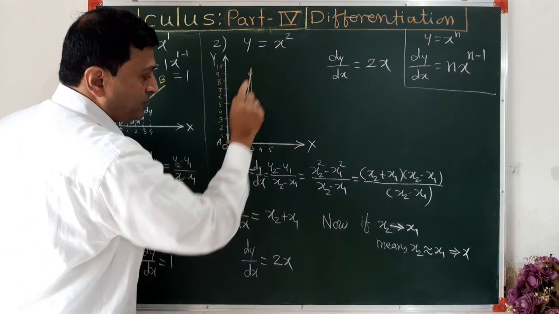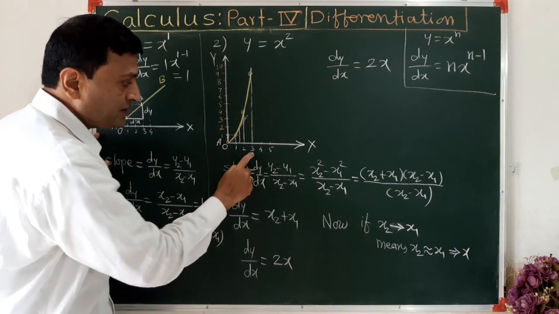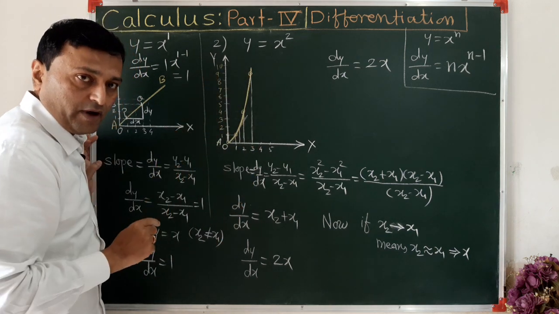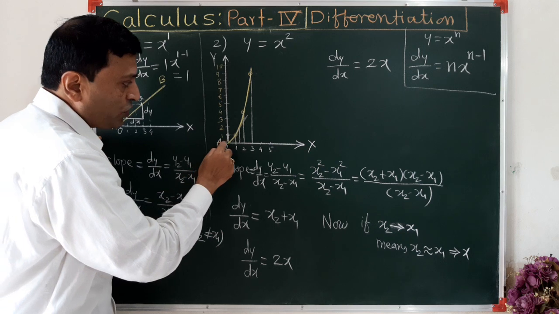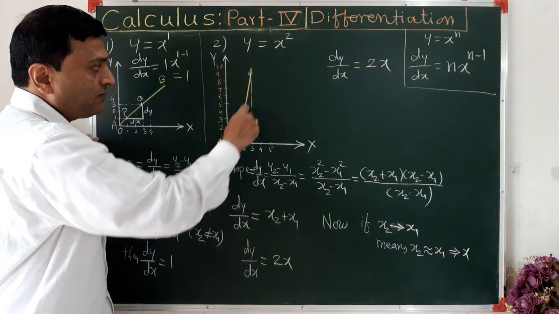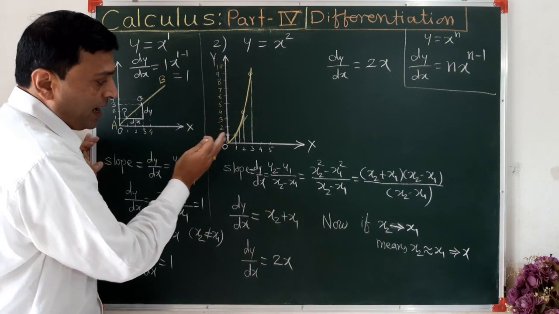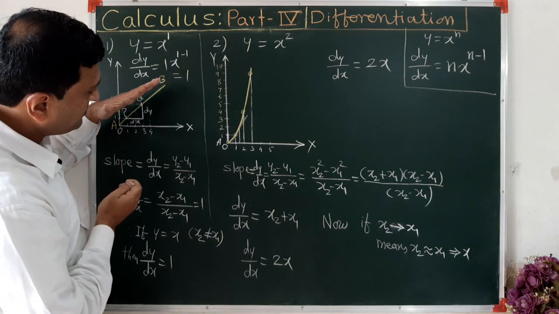If x is equal to 2, then y is equal to exactly 4, 2 square. x is equal to 3, it will be y is equal to 9. By joining this continuous graph, we will get this curve.